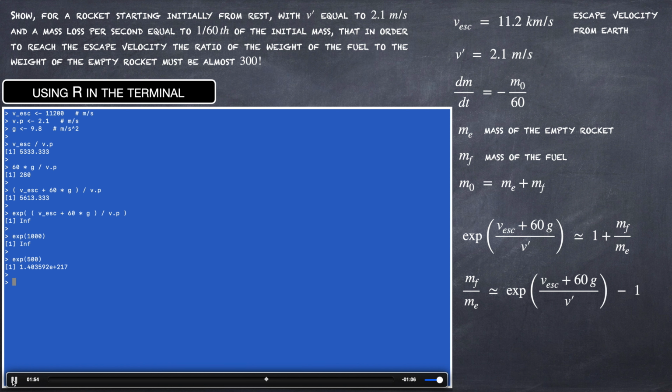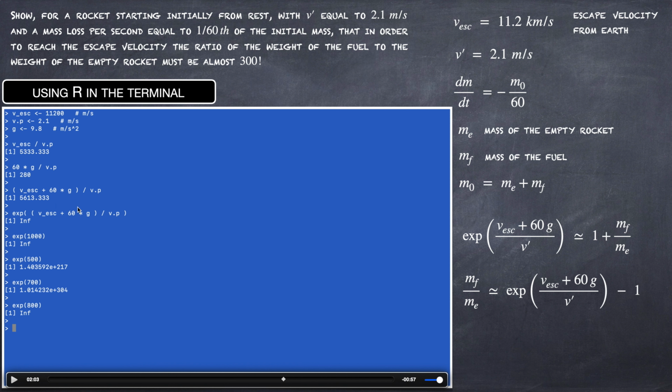What about the exponential of 700? This is 1 times 10 raised to the 304. And if you consider the exponential of 800, this is already infinity. So in this numerical calculation, the computation of this value gives you infinity if the argument of the exponential is 800. And we are dealing with 5,600. So there is an issue here.